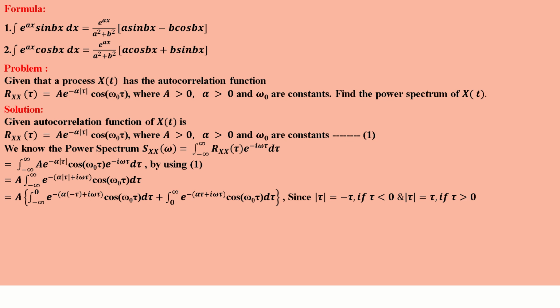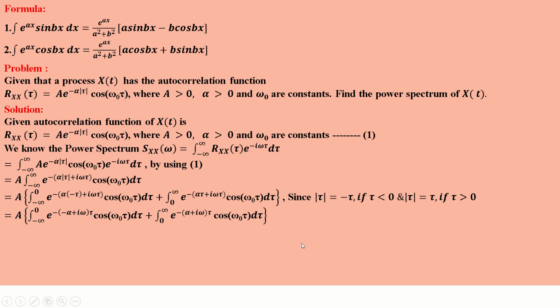So a into integral, for the negative part, replacing modulus tau by minus tau, e power minus alpha plus i omega tau cos omega naught tau d tau, plus the positive part, 0 to infinity, e power minus alpha plus tau plus i omega tau cos omega naught tau d tau.